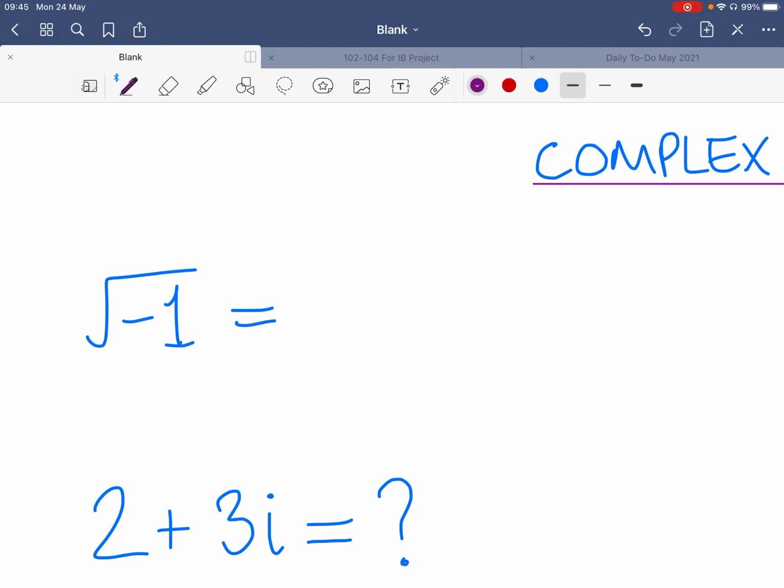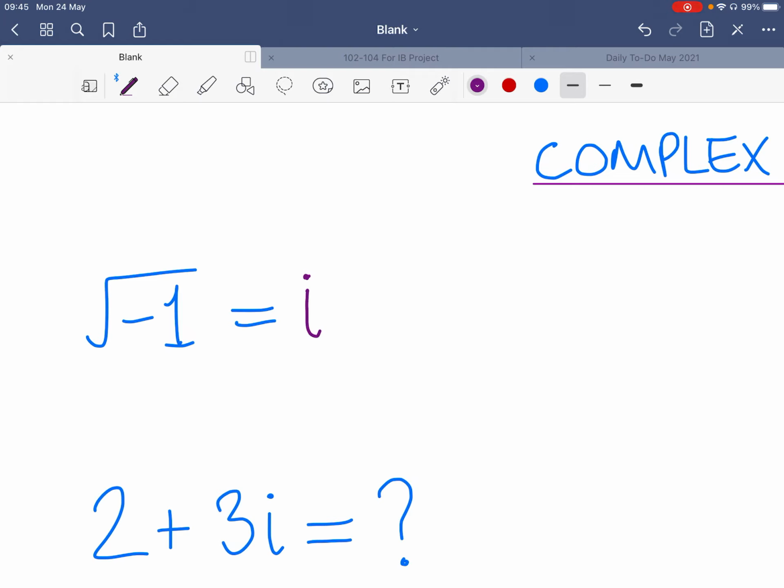So we give this a value. We give this an i. That is, well, it's still not a real number, and in that sense, we call it an imaginary number, hence i. So this is a number, but just not in the regular number system that we're used to.